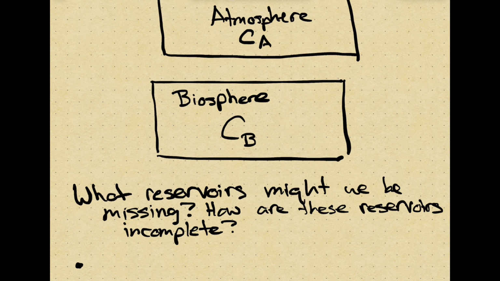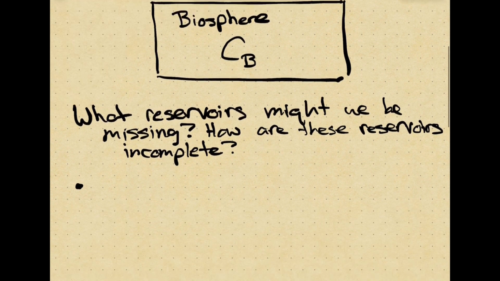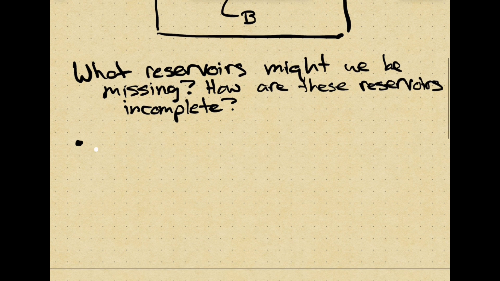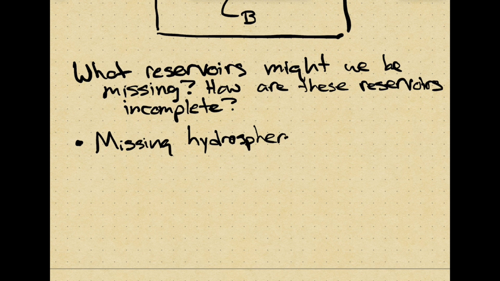But if we look at these two reservoirs, what are some reservoirs that we feel are missing, or reservoirs that perhaps are incomplete, or represented in an overly simplistic way? Hydrosphere? The hydrosphere, right? So we're missing the hydrosphere. And where might carbon be stored in the hydrosphere?